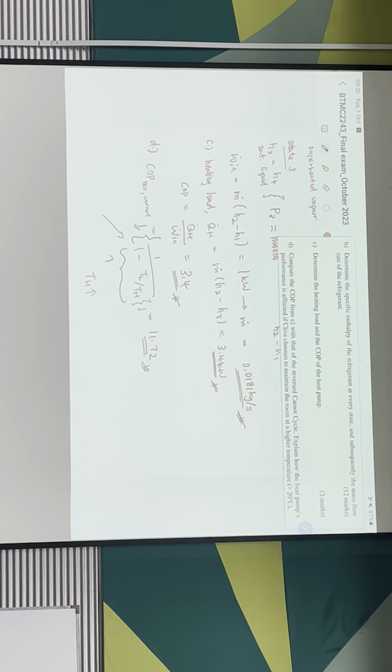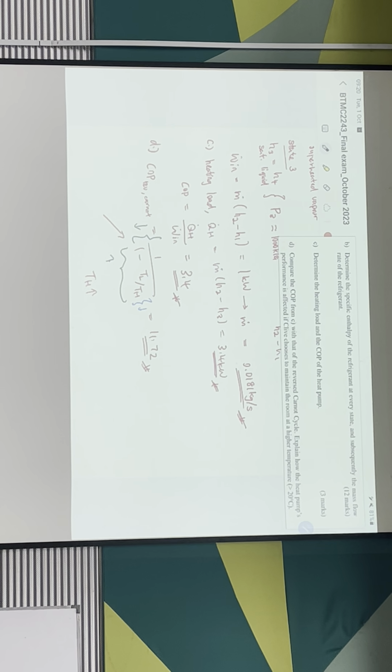So meaning, if he chose to maintain the room at a higher temperature, then the COP of the heat pump will actually drop, resulting in a worse performance. Meaning, yeah, a lower COP, essentially.